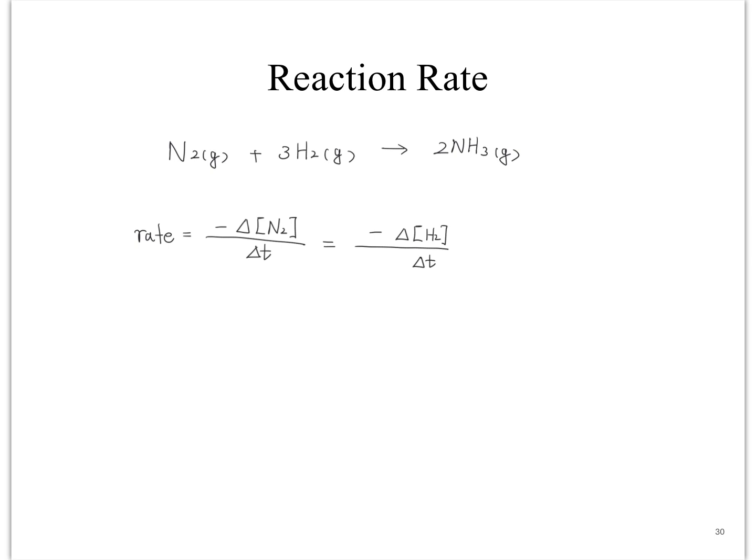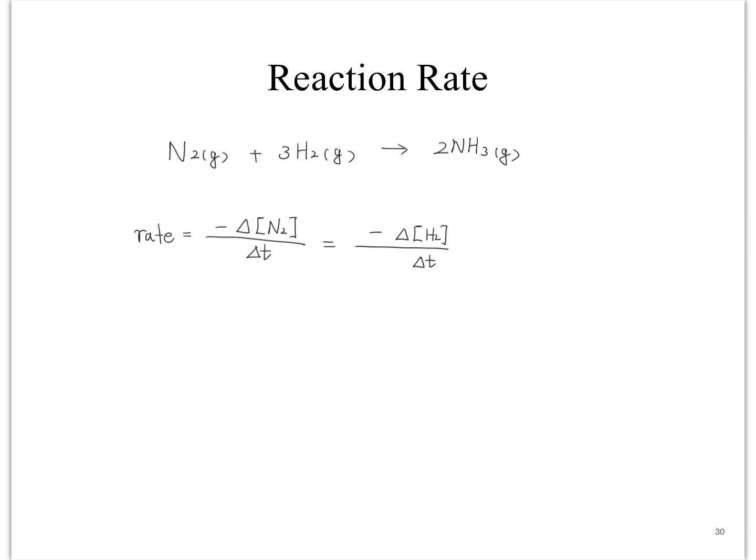So what we are seeing here is that the hydrogen gas will disappear 3 times faster compared to the disappearance of nitrogen gas. So just by simply doing the concentration divided by the delta T, that actually will not be true.